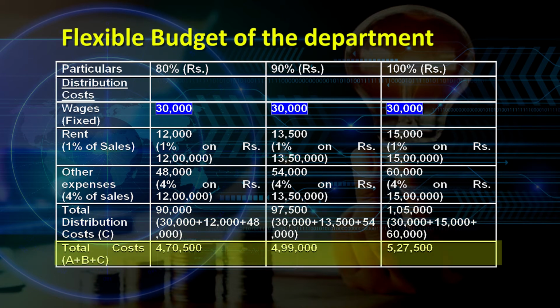Let us total up all the 3 different costs and we get the total costs at rupees 4,70,500 when the sales are rupees 12 lakhs, rupees 4,99,000 when the sales are rupees 13,50,000 and rupees 5,27,500 when the sales are expected to be 15 lakhs at 100% capacity.